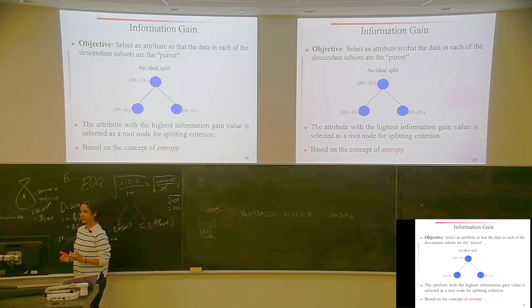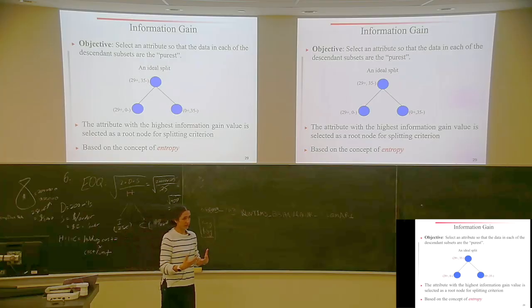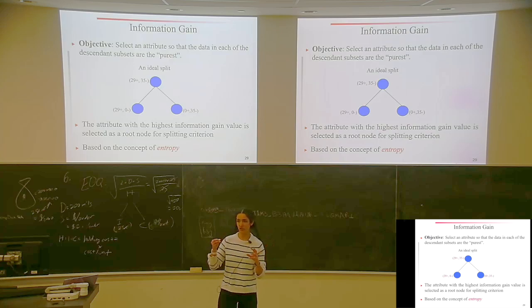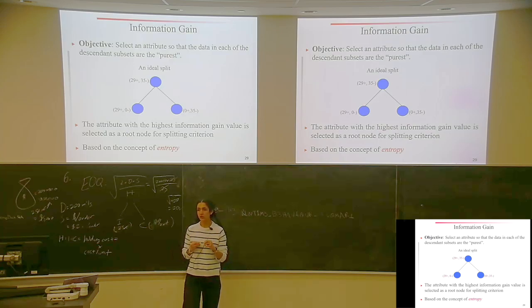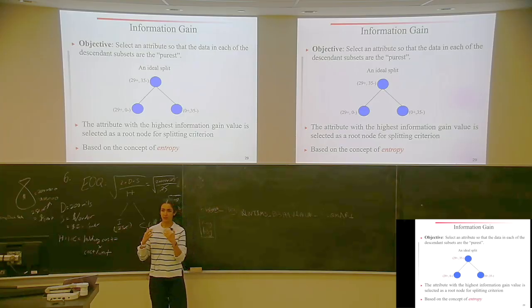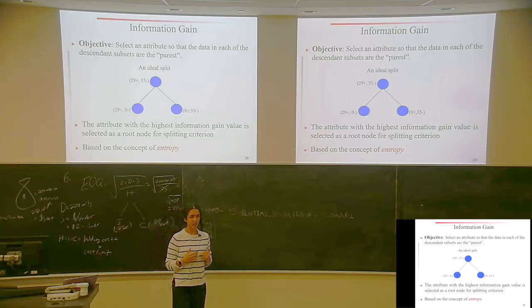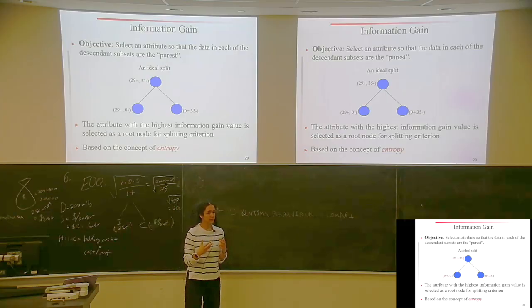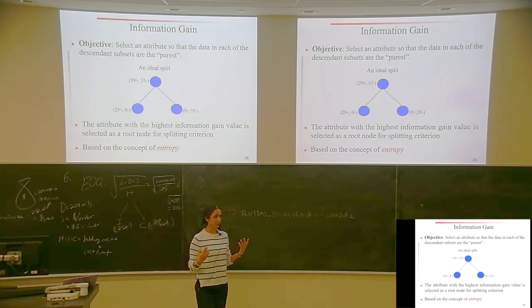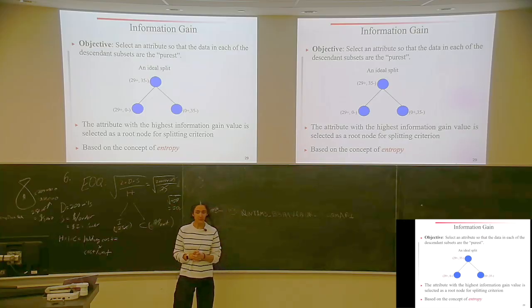Information gain is the reduction in entropy. So if you want to calculate the information gain of your training set given an attribute, for example outlook, you have to see, if you split based on the outlook feature, how much this impurity or entropy is reduced. So in order to understand information gain, we have to know entropy, right?